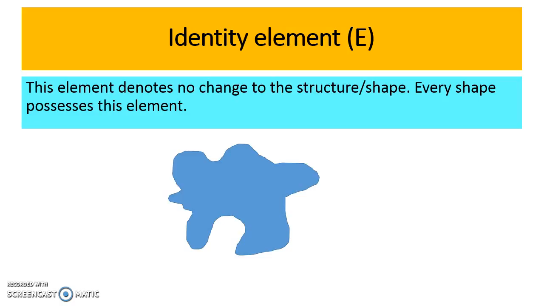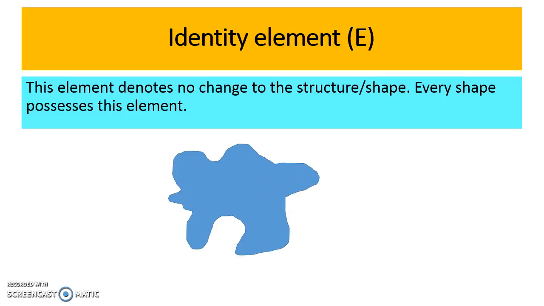The last element is known as the identity element, though in every text the identity element would be listed as the first element. For the sake of making the understanding better, I am listing it at the end. This element stands for no operation on the structure or the molecule, meaning this element denotes no change to the structure or shape.